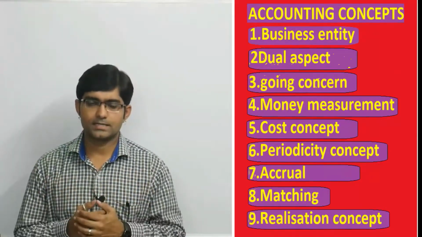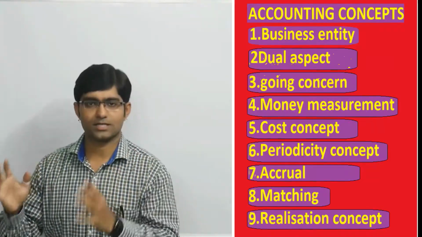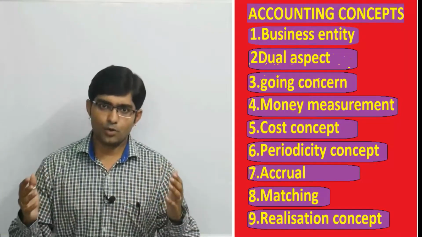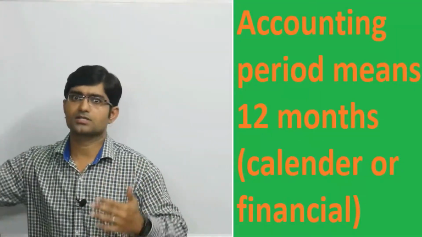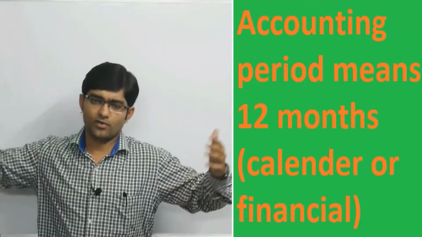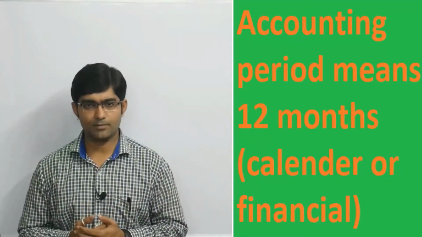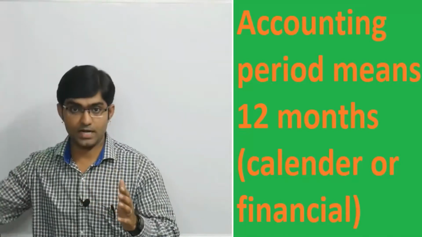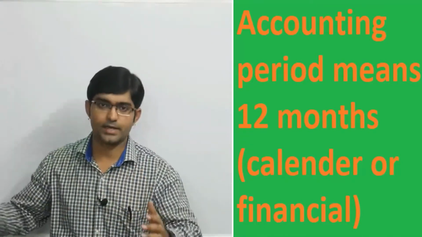The next one is accounting period concept. What is this? You may continue business for 60 years or 70 years or infinite time if it is a company. Will you show your profit or loss after 70 years? After 60 years?